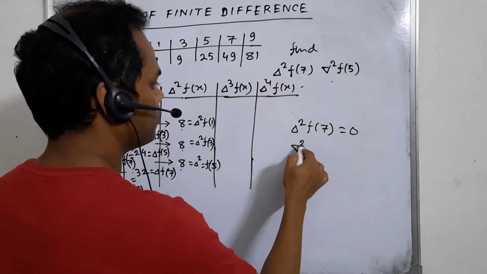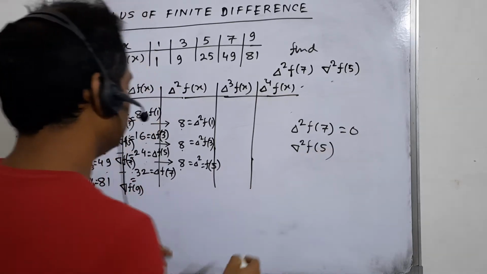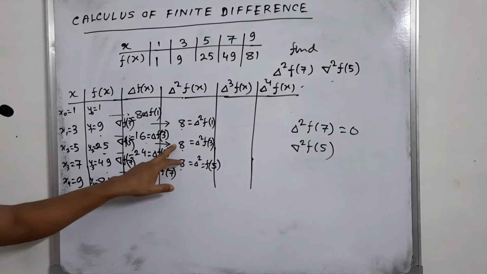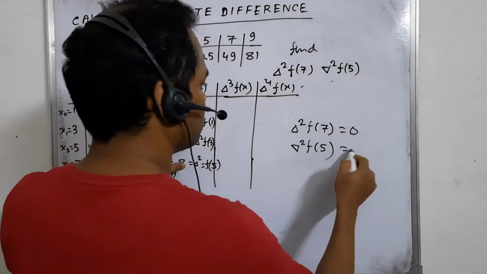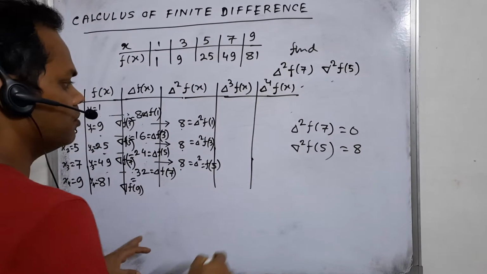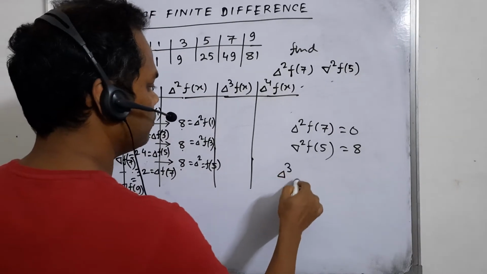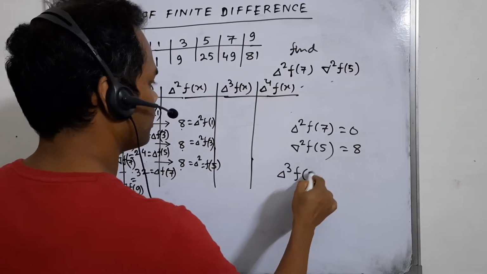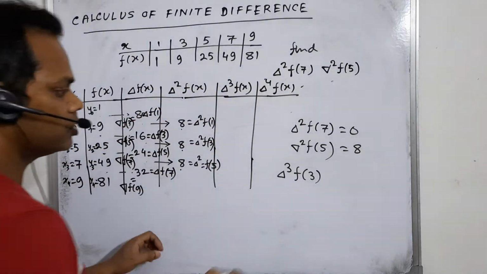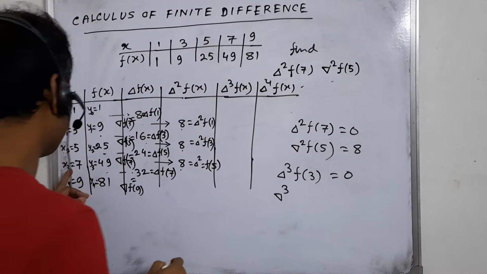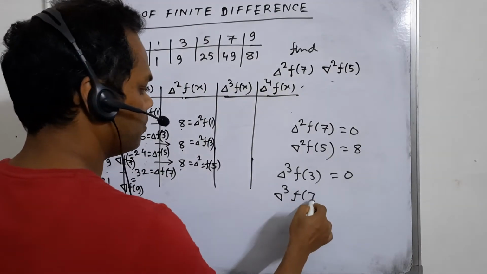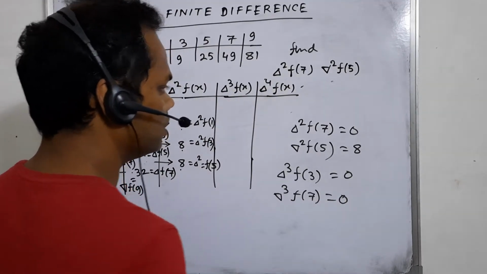Or nabla square f5 is equal to 8. If we have to find delta cube f3, there is no delta cube value, so delta cube f3 is 0. If we have to find nabla cube f7, there is no value of nabla cube f7, so these values are 0.